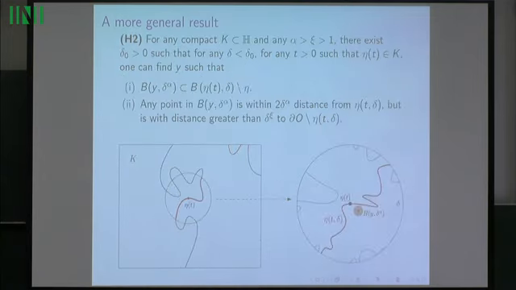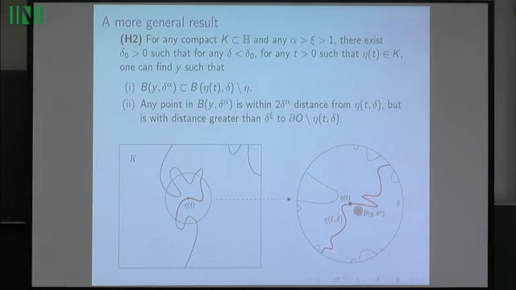And condition 2 is that, I fix K and the parameters alpha, psi, and if I take delta 0 small enough, I look at a point eta t on the curve, I look at a disk of radius delta around it.